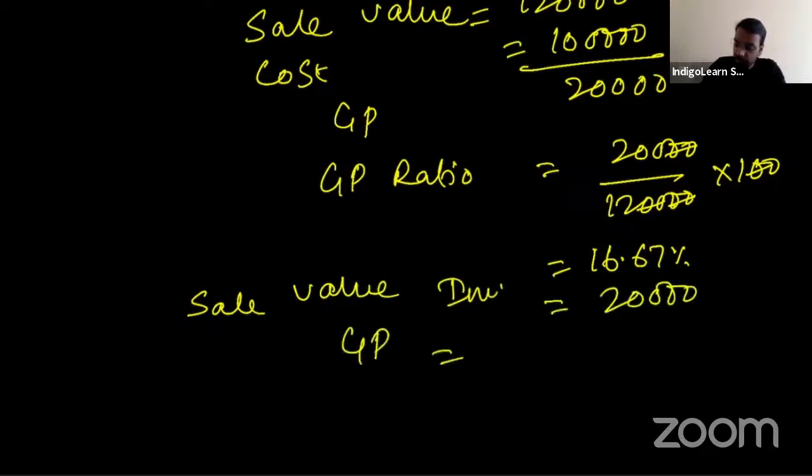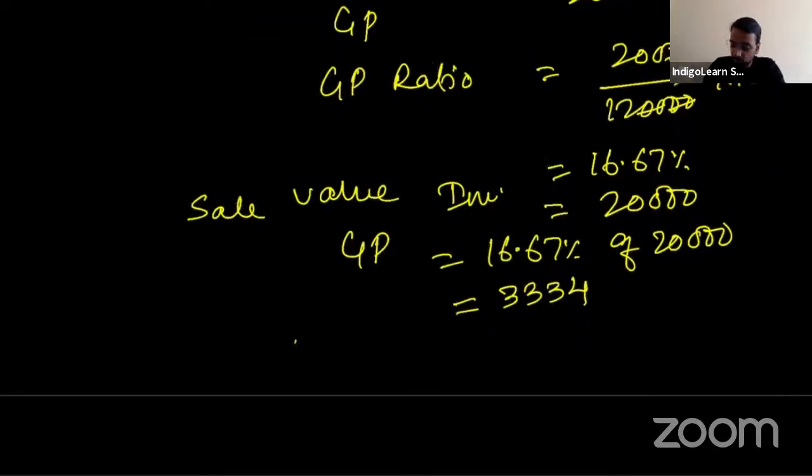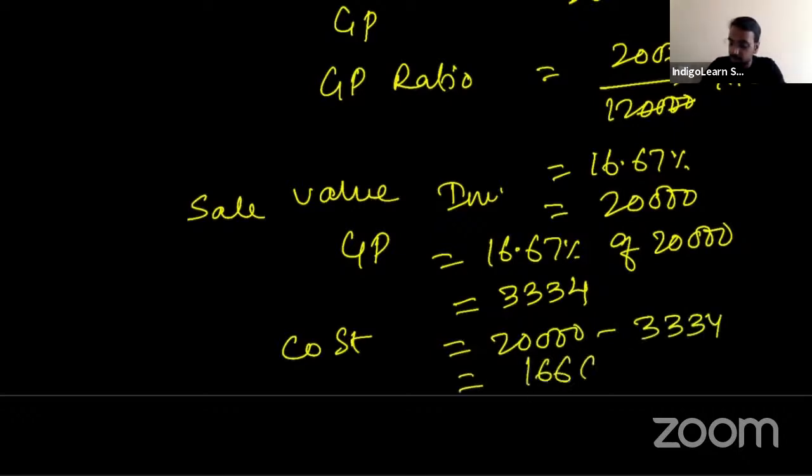Gross profit is 16.67% of 20,000, so 20,000 multiplied by 16.67%, that is 3,334. And cost will be 20,000 minus 3,334, that is nothing but 16,666. So this is another kind of question which is asked in the examination.